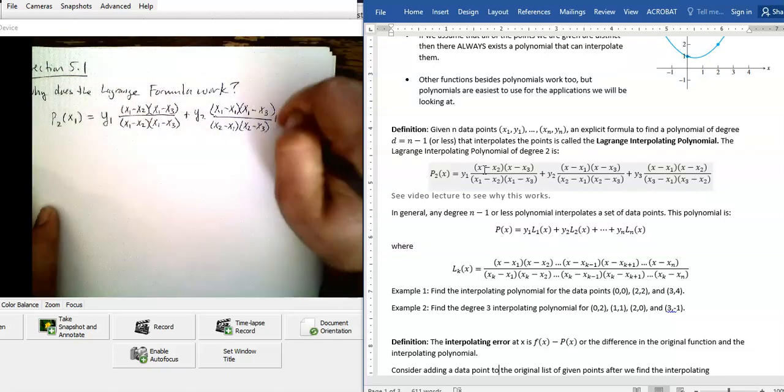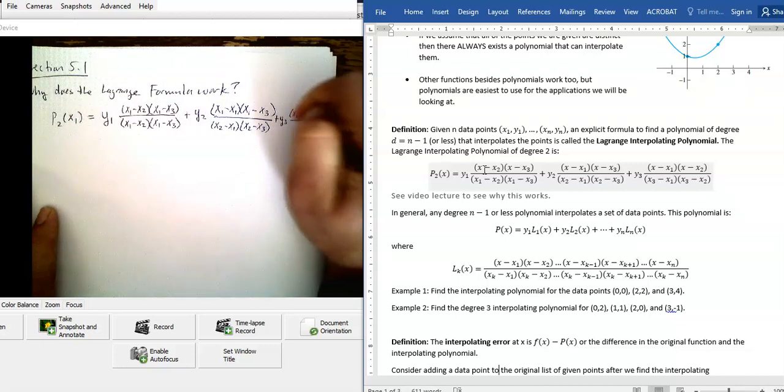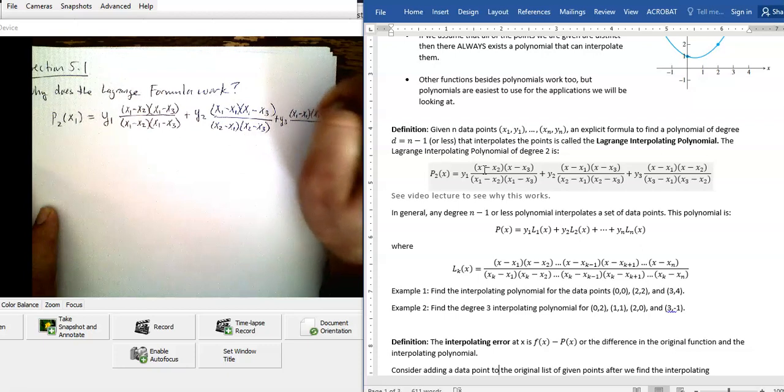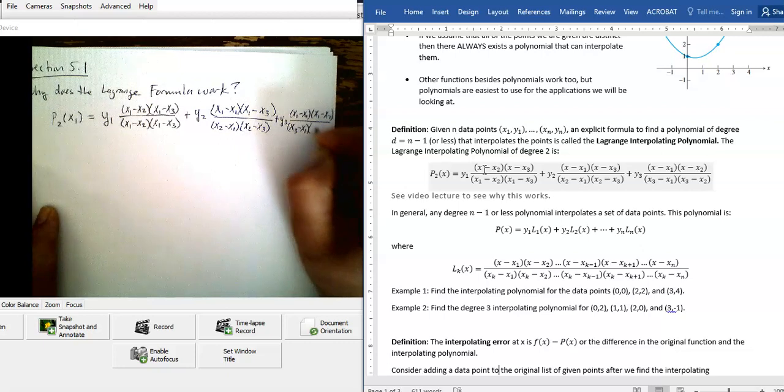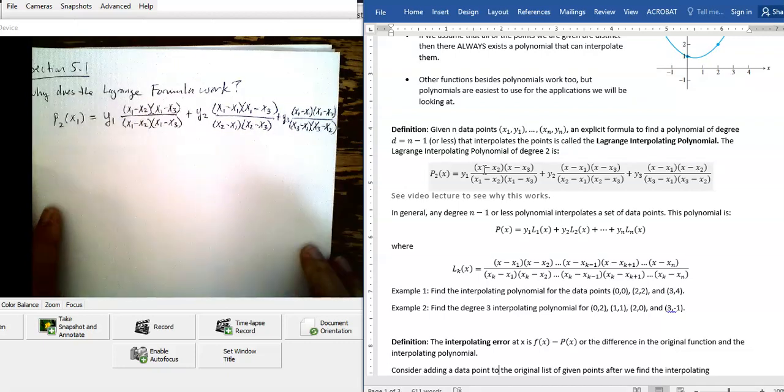Plus our last term y3, again we're evaluating at x1, so x1 minus x1, x1 minus x2, over x3 minus x1 times x3 minus x2. So just using the formula there.